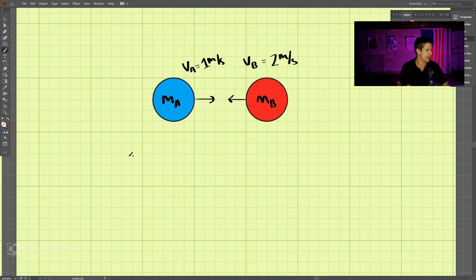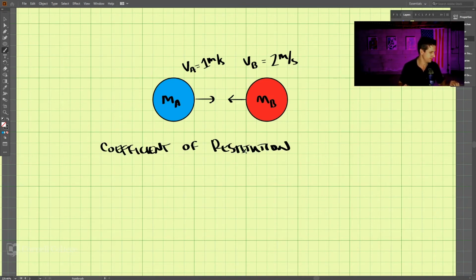And that measure is actually called the coefficient of restitution. And the coefficient of restitution is a measure of the relative velocities before and after the collision.